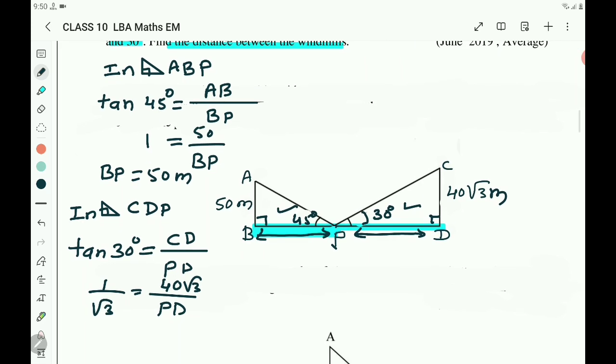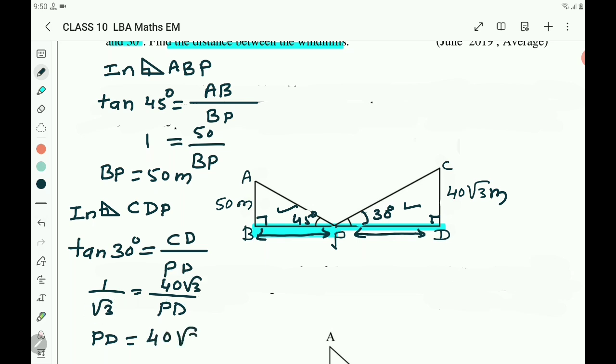Do the cross multiplication, 1 into PD equals 40 root 3 into root 3. PD is equals to 40 root 3 into root 3.